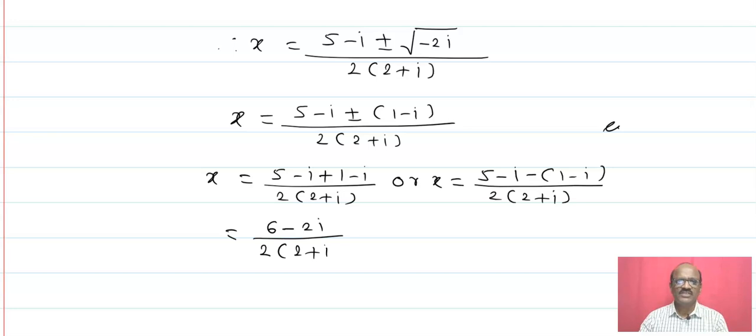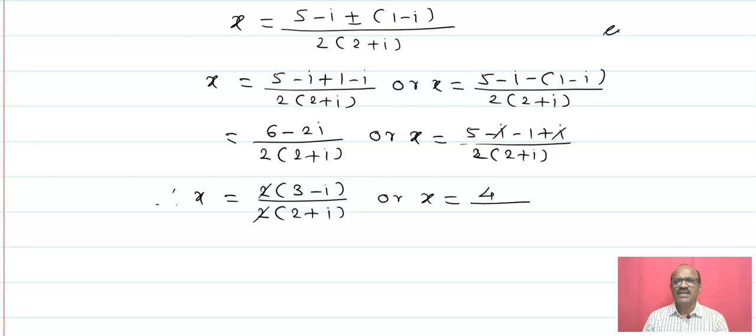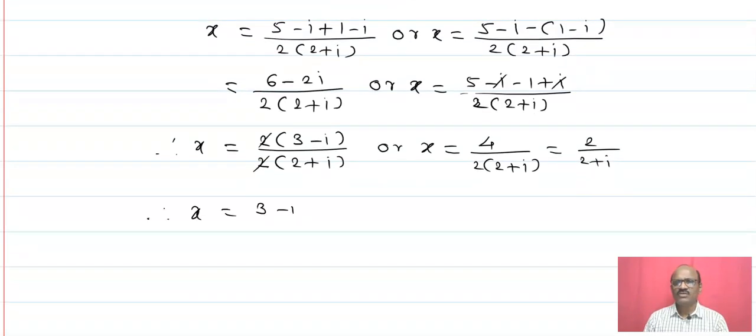Now this type of question, you can understand, these are the hot questions. They require too much time and too much concentration. Therefore, the value of x is equal to, if you take 2 common from the numerator, x is equal to 2 (3 minus i) upon (2 plus i), or x is equal to, i gets cancelled, 4 upon (2 plus 2i), that is 2 upon 2 plus i.